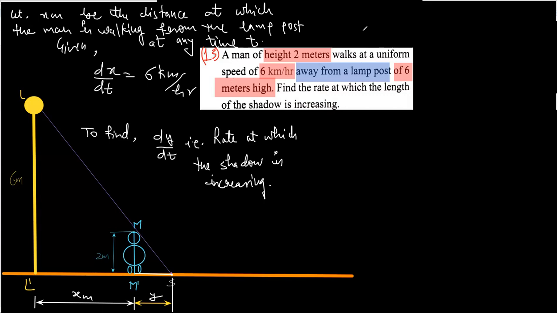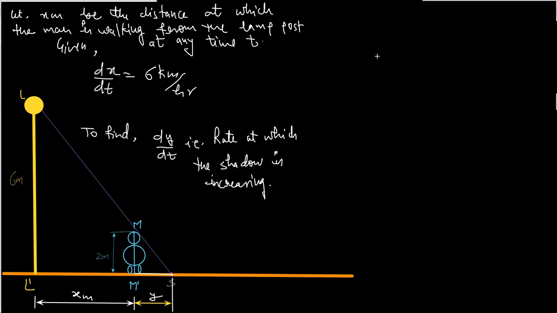There is one more assumption that I wish to write: let y be the length of the shadow at any time t. Okay. Now we can start with the solution.